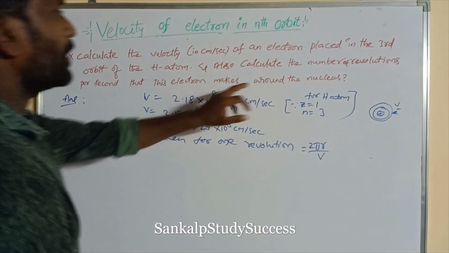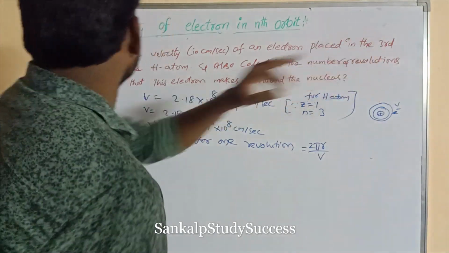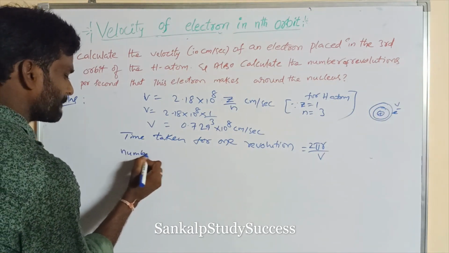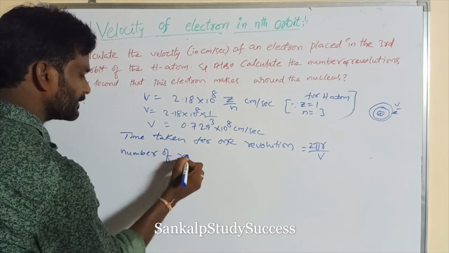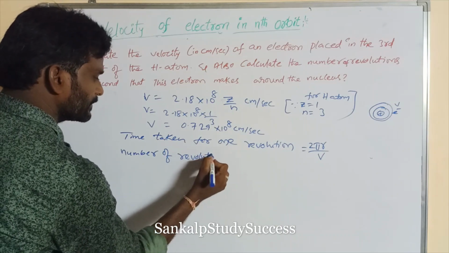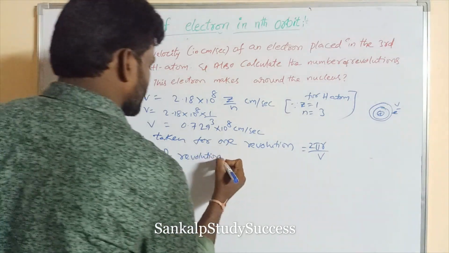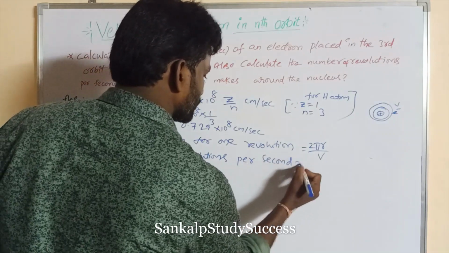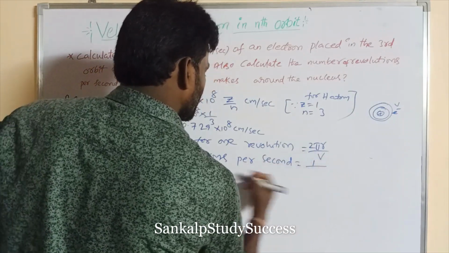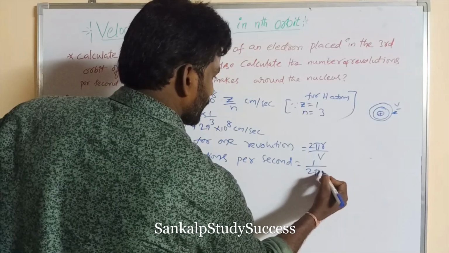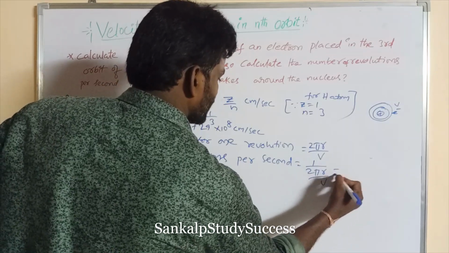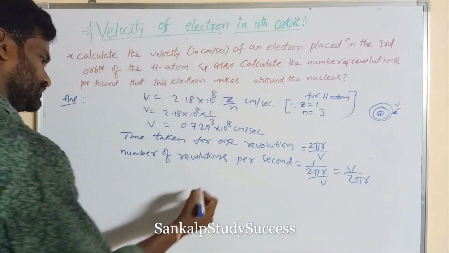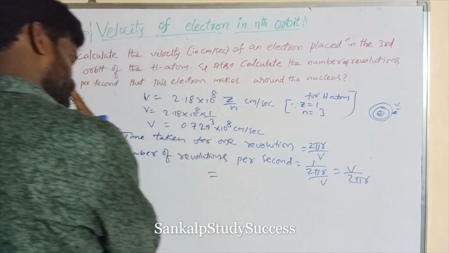Now calculate the number of revolutions per second. The revolutions per second is 1/(2πr/v), which is v/2πr.